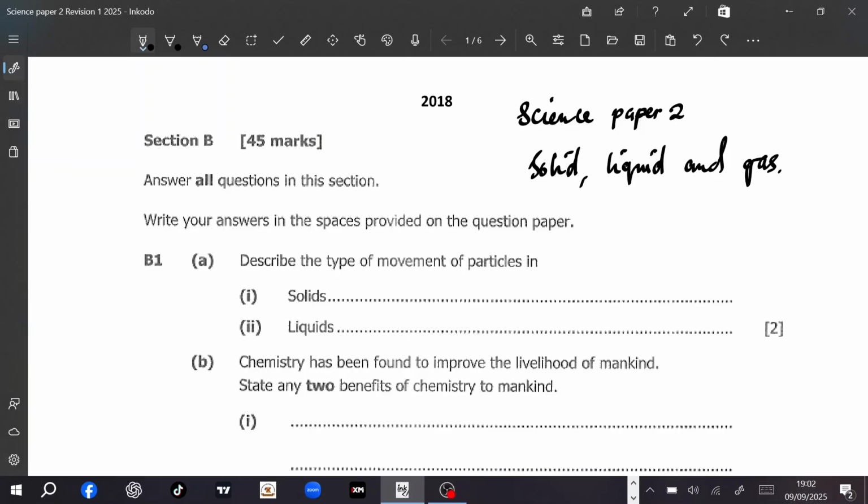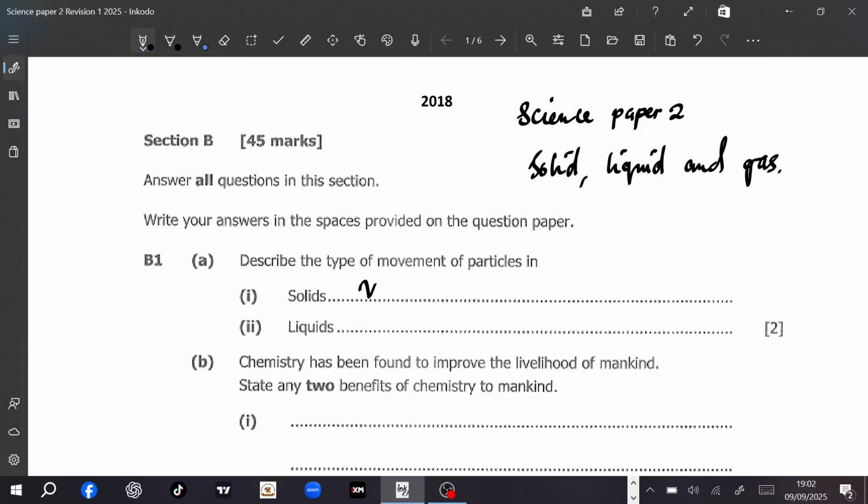When they say describe the type of movement of particles in solids, the kind of movement is that particles vibrate within fixed positions.